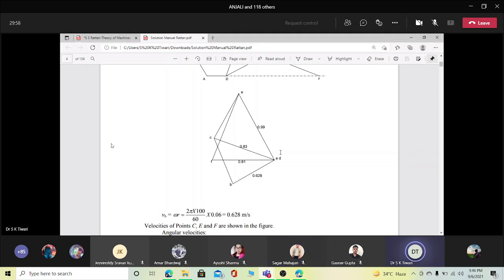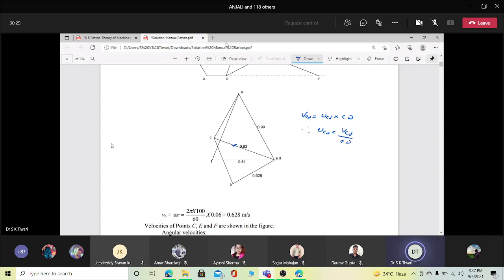ओके, सो अब आपसे कुछ भी पूछा हो, जो व्हाट आई रिमेम्बर आपसे एंगुलर वेलोसिटी किस चीज का भी पूछा था। अगर मान लो पूछा था what is the angular velocity of the ternary link, ओके, आपको ये चीज पता है, velocity of C with respect to D, it is omega CD into CD, therefore omega CD will be velocity of C with respect to D divided by CD.